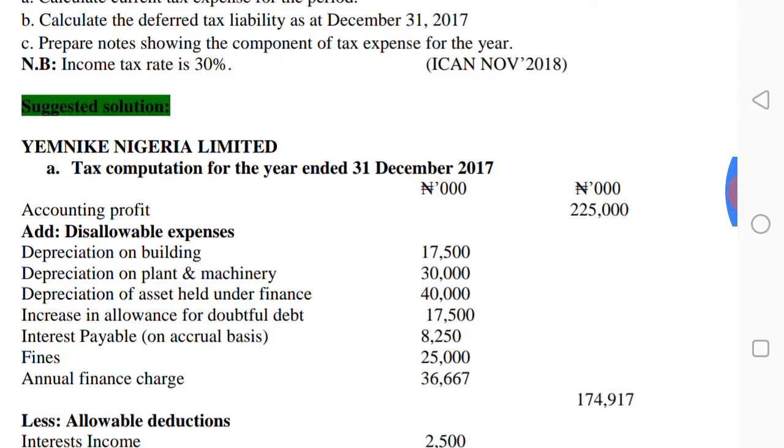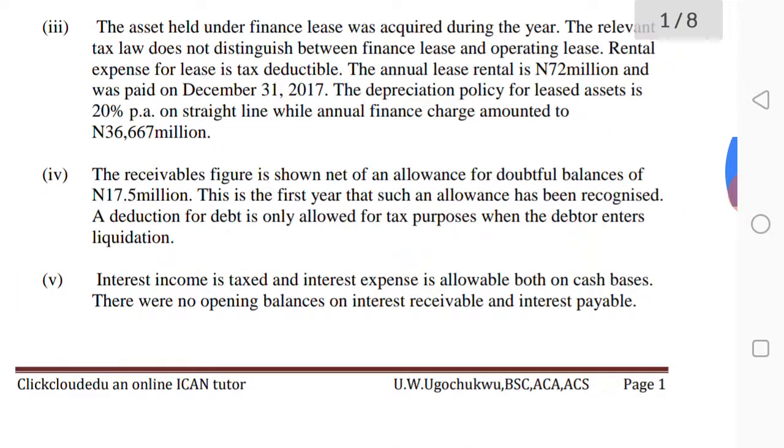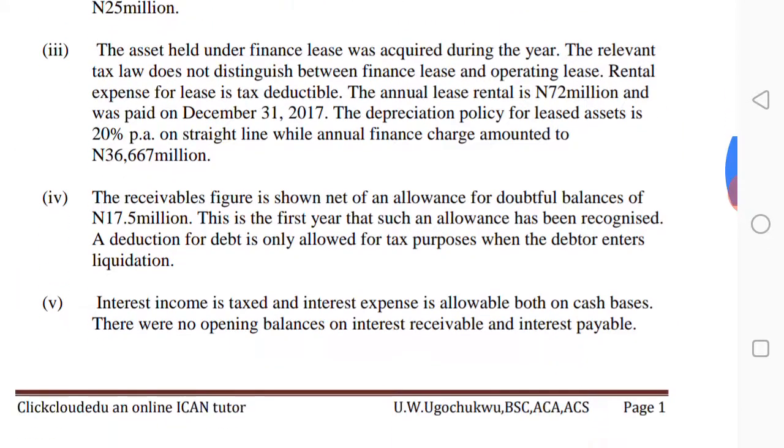We are also told that we have interest payable, which is deducted. We are told that the interest income is taxed and the interest expense is allowable, but on a cash basis. Remember that the interest on finance lease under amortization is a calculated provision, but the actual interest that you pay to the lessor is the rental.